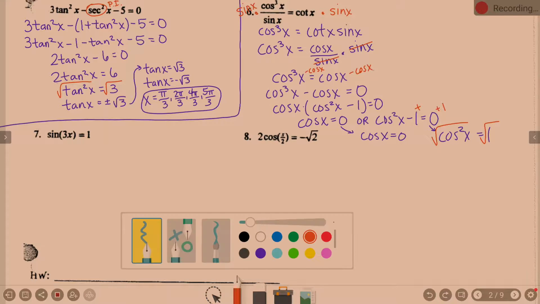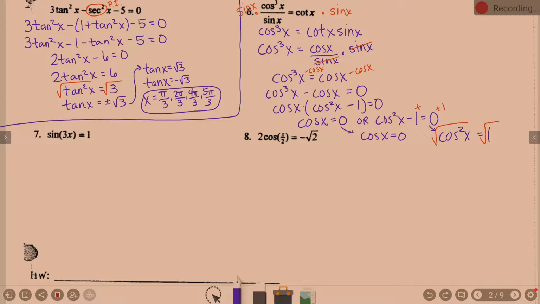What's the square root of cosine squared x? It's cosine x. What's the square root of 1? 1. And? 1 and negative 1. So plus or minus 1. So we have cosine x equals 0, cosine x equals 1, cosine x equals negative 1.